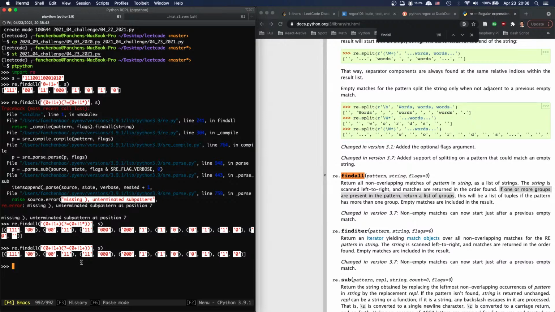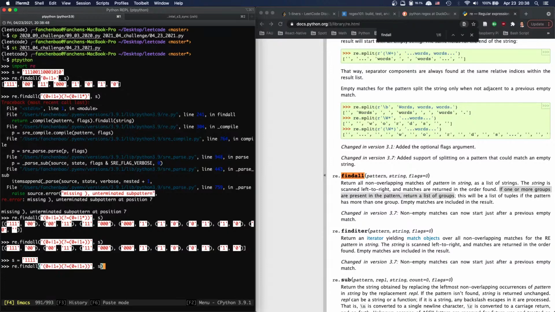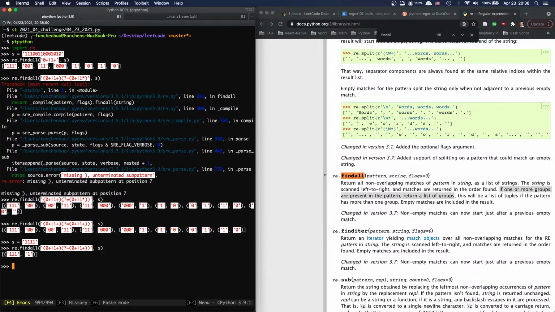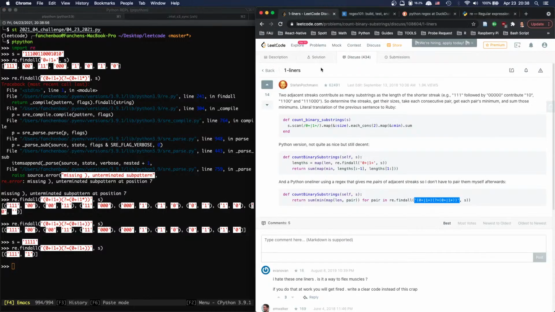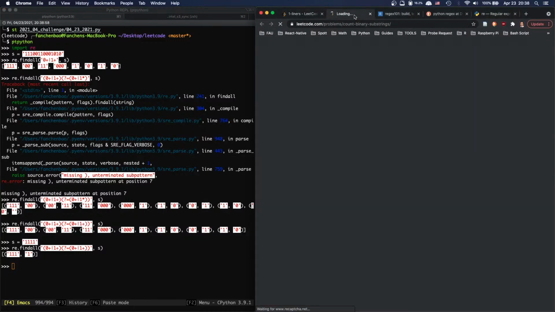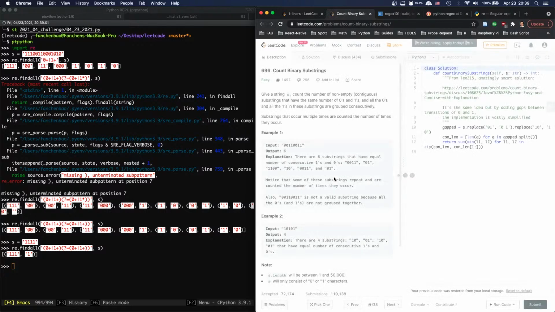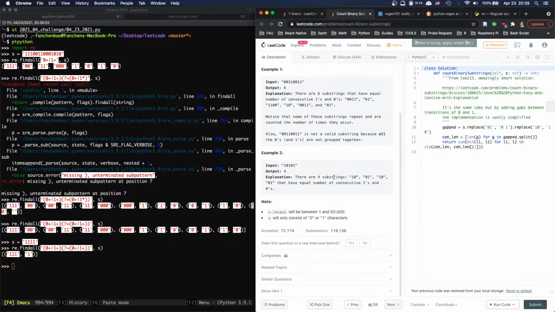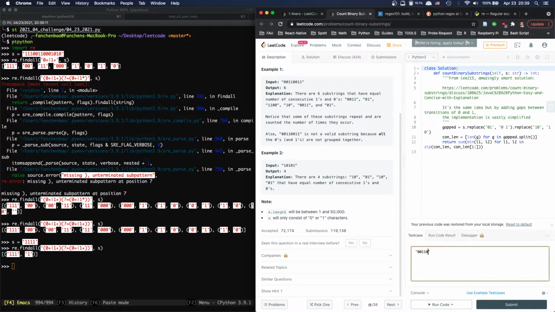Maybe if I change it into this. Wait, what do we have? Do we have requirements? It contains both. No, no, it shall be able to handle all ones, right?